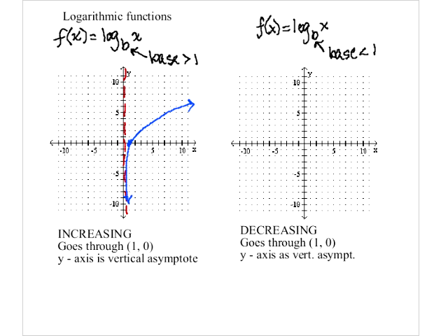Okay, so if I were to graph that, the asymptote is still the y-axis. Let's get the right tool here, in the right color. There's my asymptote, and it goes through (1, 0), but this time it runs next to the asymptote up there, and then it decreases.